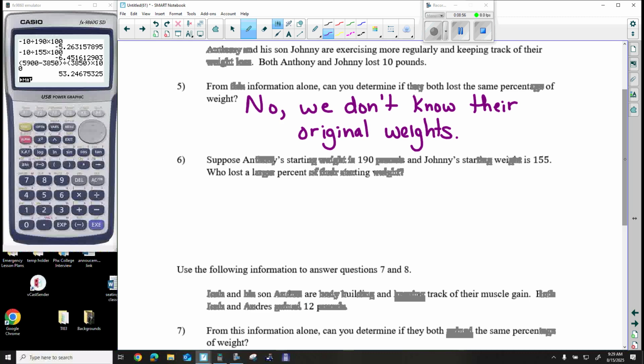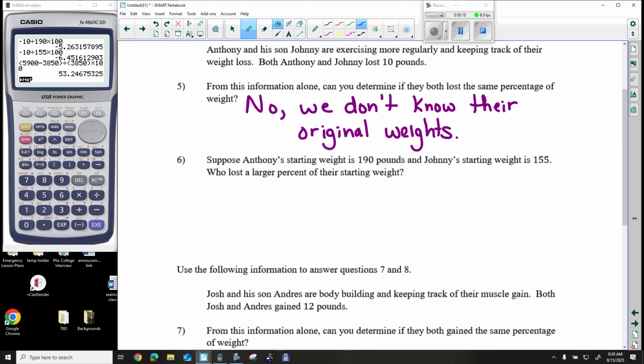Okay. Well, in number 6, a caveat to number 5 is suppose Anthony's starting weight was 190 and Johnny's was 155. All right. Who lost a larger percentage of their start weight? Who lost a larger percent? Well, to do this, what I would encourage you to do is actually figure out the percent change.